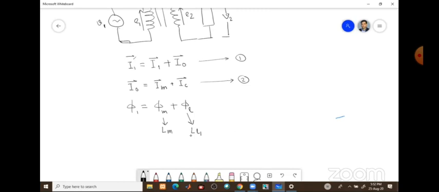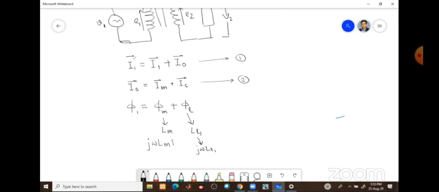Like for this mutual inductance, we will get j omega Lm, and for this we'll get j omega L1.